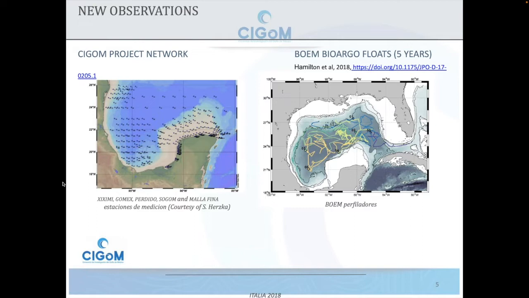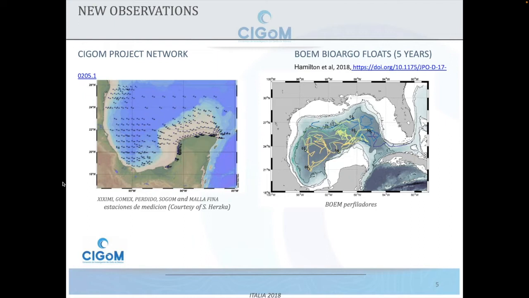Besides that, from 2011 to 2017, more or less, there was a big project funded by BOEM in which several biogeochemistry floats were deployed in the Gulf of Mexico for 5 years. You can read a lot about this project in the paper by Hamilton, but there is also a famous paper by my colleague Paula Perez Brunius, who is speaking after me.